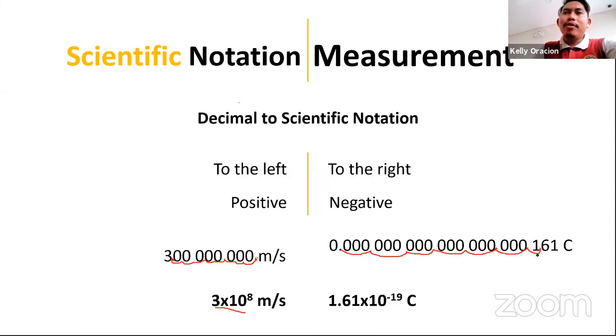That's 1.61 times 10 raised to negative 19. Okay, that's negative 19 kasi the direction is to the right. Take note, decimal to scientific notation. Again, take note, decimal to scientific notation. Okay? So, please, if medyo nahirapan kayo, please review. Practice test.